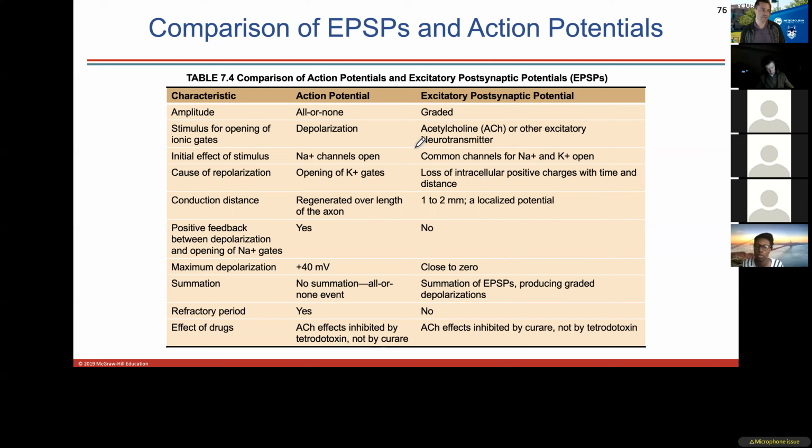Electricity is generating and electricity is traveling. But remember, EPSPs may not make it. An impulse may go down and it may not be enough to travel from the dendrite across the soma to the axon hillock. So it may or may not even cause the nerve to fire. But an action potential is an all or none response.